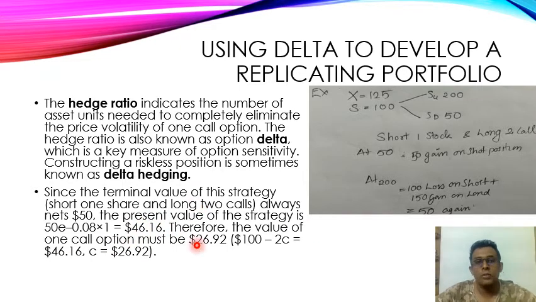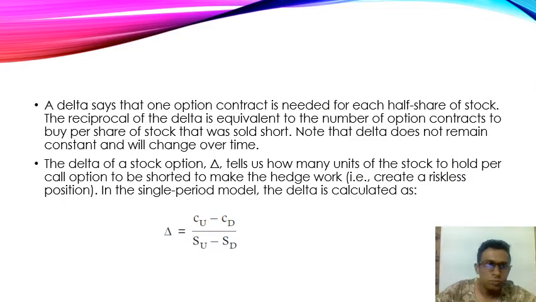Therefore 100 minus 2 into C is equal to 46.16, so C is 26.92. This is how we illustrate the development of a replicating portfolio. We'll go further and see what delta is. Delta says that one option contract is needed for each half of a stock.